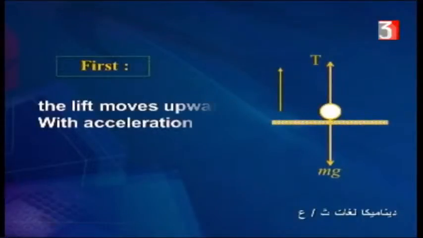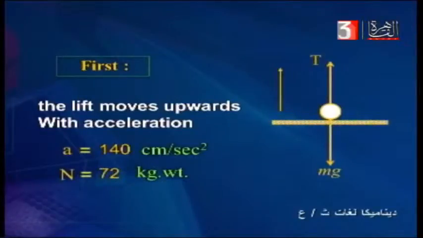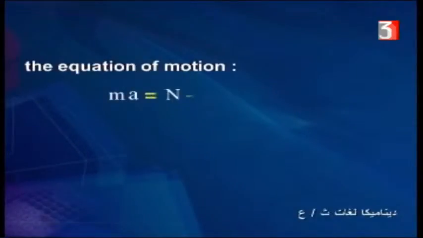Then the equation of motion of this body, knowing that the acceleration equals 1.4 meter per second square or 140 centimeter per second square, and the pressure N equals 72 kilogram weight. Then the equation of motion is ma equals N minus mg.